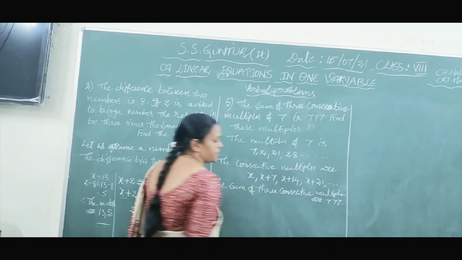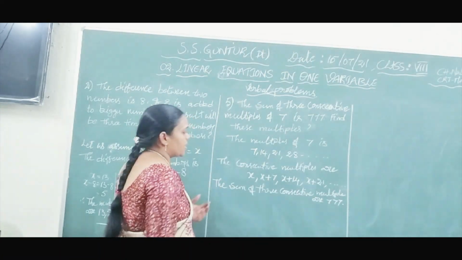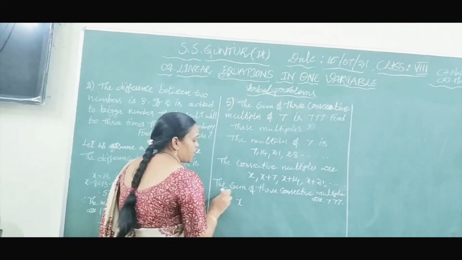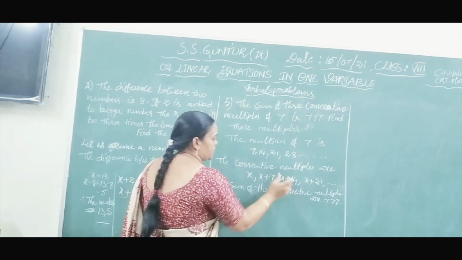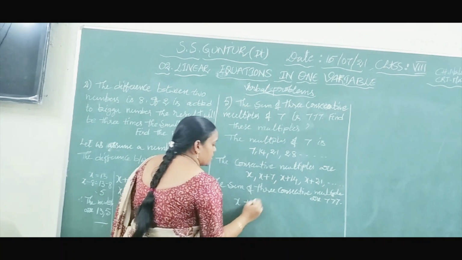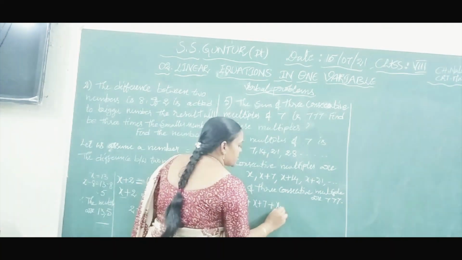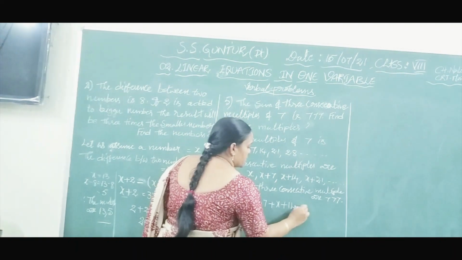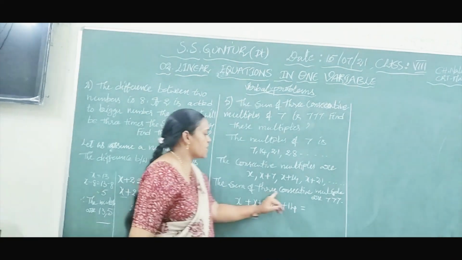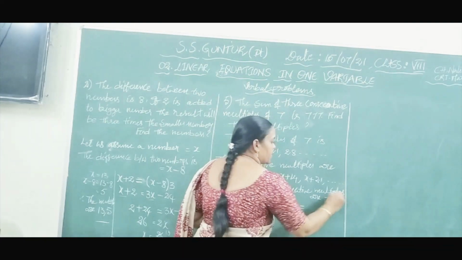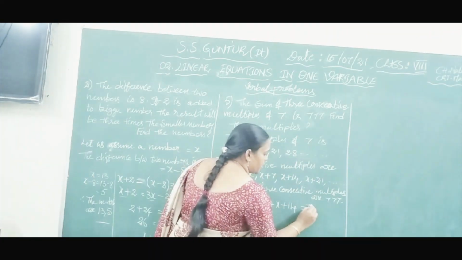Okay, now take 3 consecutive multiples: x. Sum means you have to add the first 3 terms. x plus x plus 7 plus x plus 14 is equal to 777. Write down 777 here.